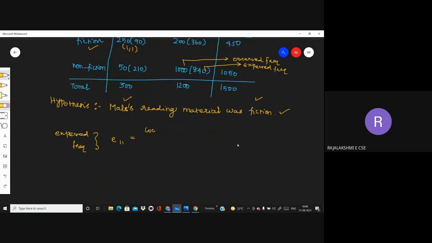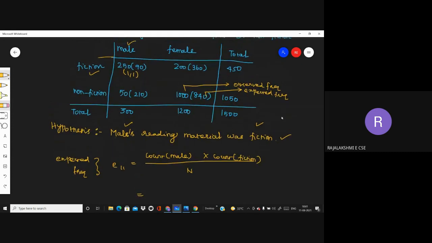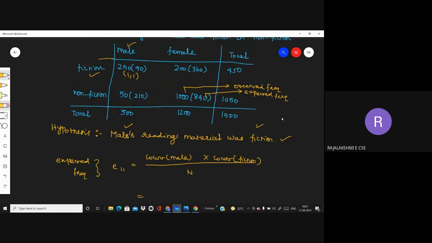Now, count of male into count of the fiction books divided by the total number of rows. What is the count of male? Total count of male is 300, into 300. What is the count of the fiction books? 450.